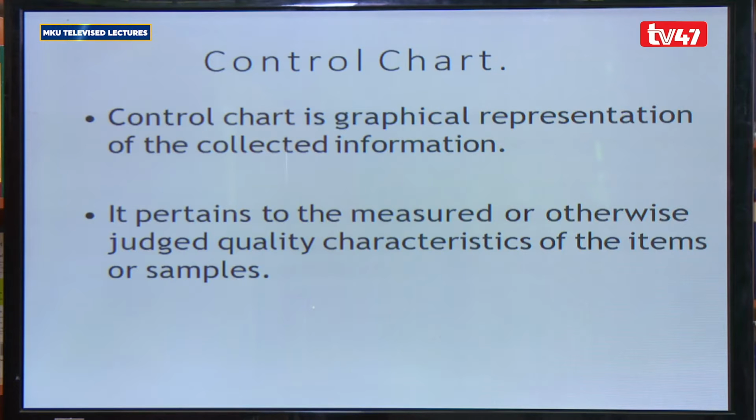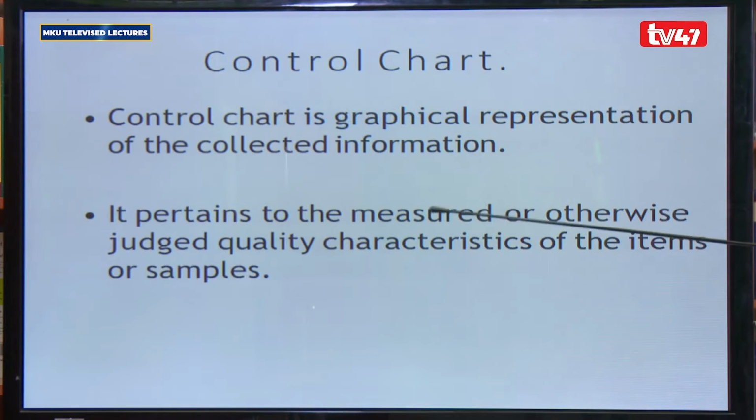We know that in the world today, standard is paramount, and we can easily quantify some variables and also describe some attributes pertaining to a certain product when we are analyzing the quality of a product. So it pertains to the measured or otherwise judged quality.